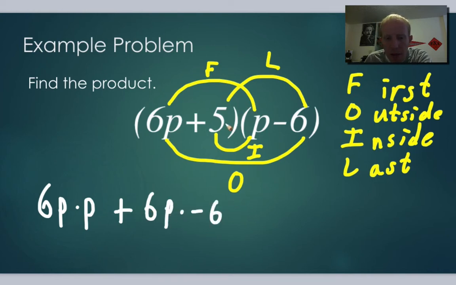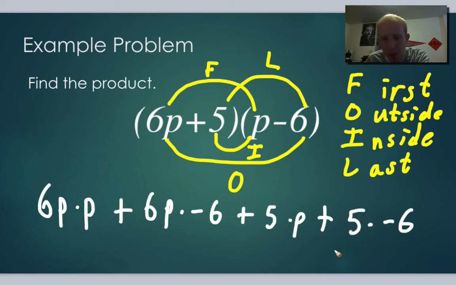Our inside terms are 5 times p, and our last terms are 5 times negative 6. So notice we got the exact same expression as we had before. So the point is, you can do it either way. You can do the double distribution like I was showing first, or you can do the FOIL method. You just identify the 4 terms that you're going to need, and you list them out. So either way, double distribute or FOIL.